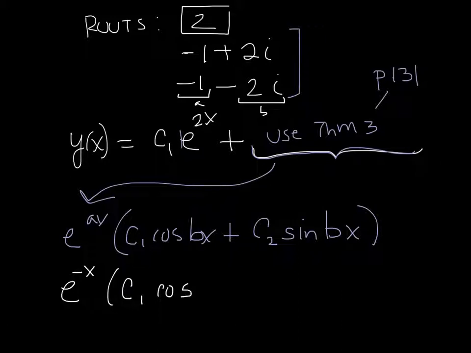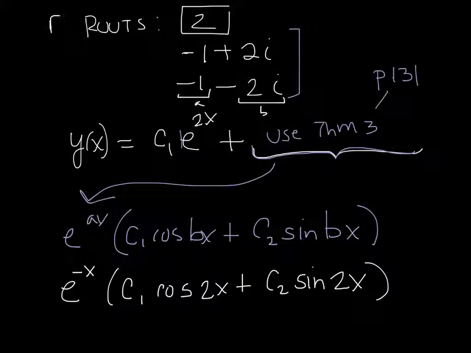My b is 2, so 2x, plus c2 sine 2x. And that's basically it. If you want to, it doesn't hurt to write that this is R1, because that's the first one we found. R2 was really that guy, and R3 was really that guy. If you wanted to call this R2 and R3 or switch, it really doesn't matter.